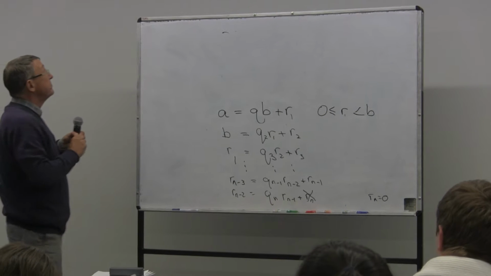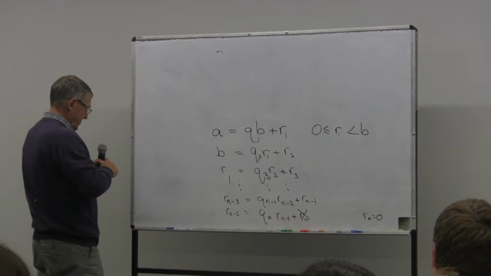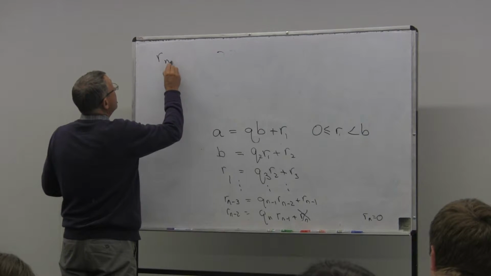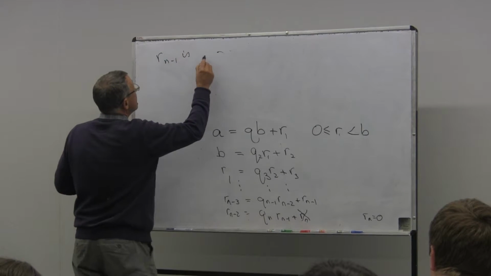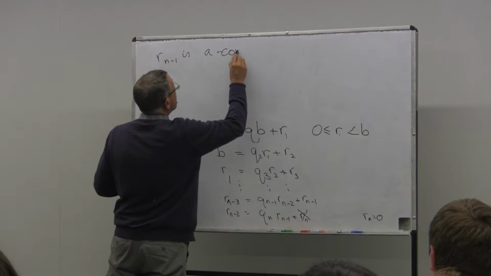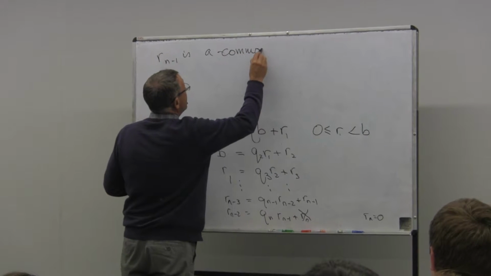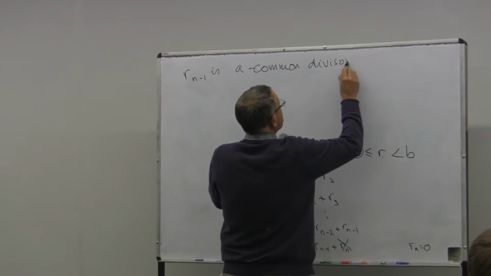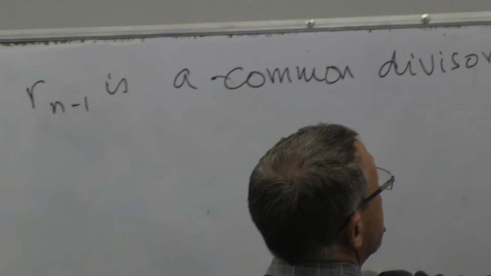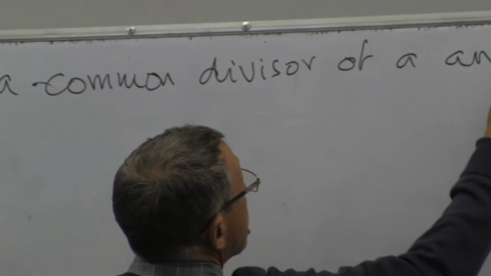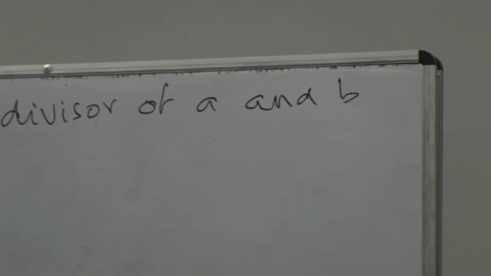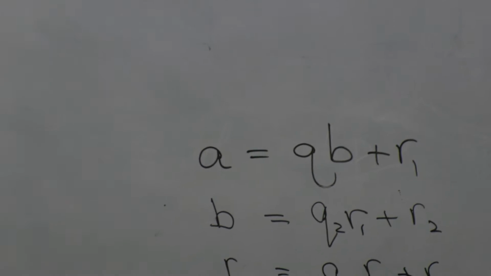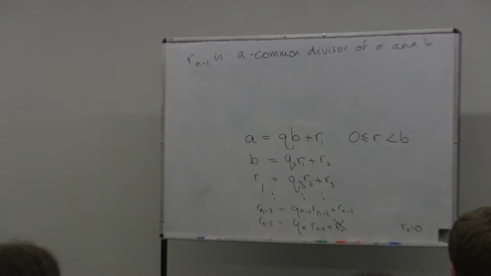So Rn minus 1 is a common divisor of A and B. Common factor, if you like, but grown-ups tend to say divisor rather than factor.